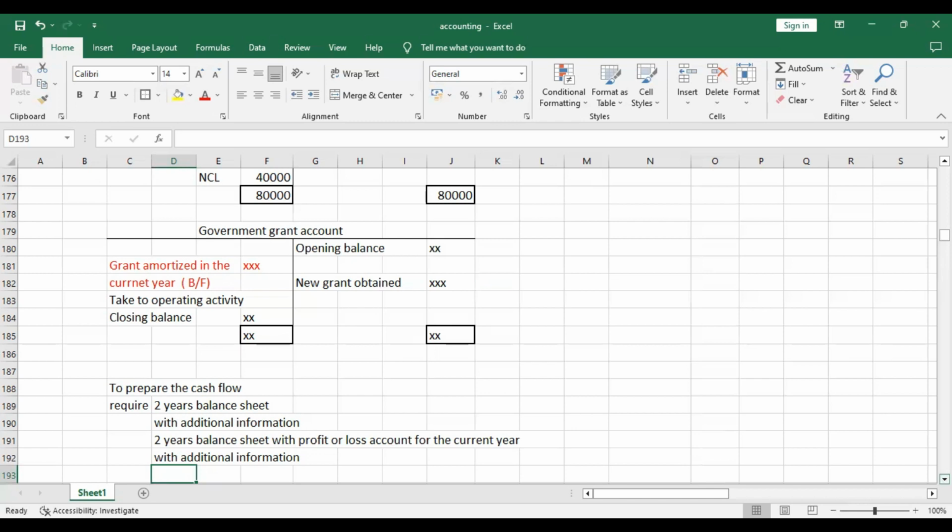Liability accounts show a credit balance opening, closing debit balance. Asset accounts show opening balance debit, closing balance credit. So let me close this, and I will make lecture 3 a hypothetical, exam-type example, which includes as much missing information to calculate as possible. Then we can prepare the cash flow statement.